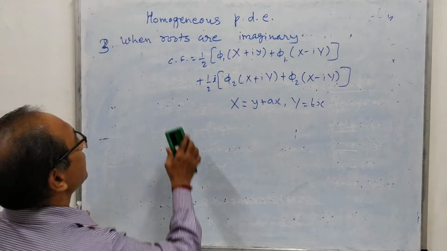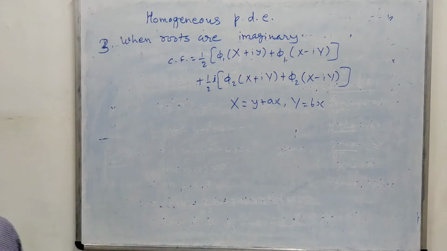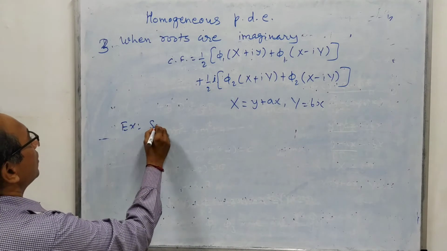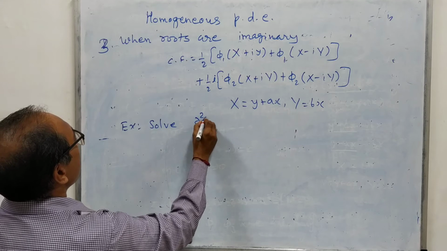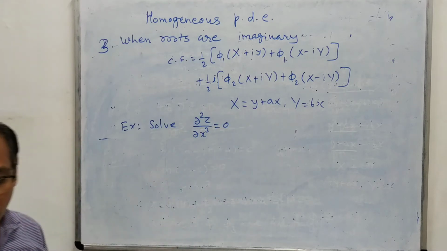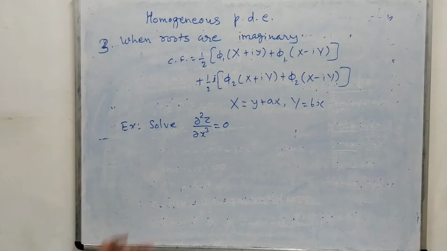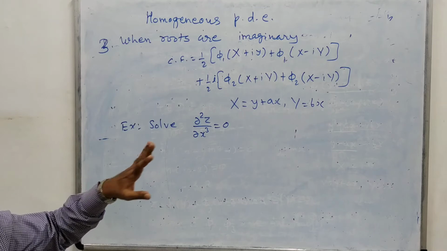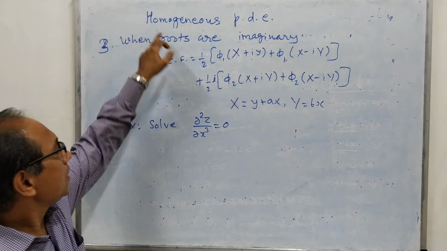One example, let us see a very simple example, which was asked in examination also, that we solve. Very simple. Del cube z by del x cube equal to 0. So here you can see that only one derivative we use, and it is of third order, so no other derivatives are there. So we can consider this as a homogeneous partial differential equation.